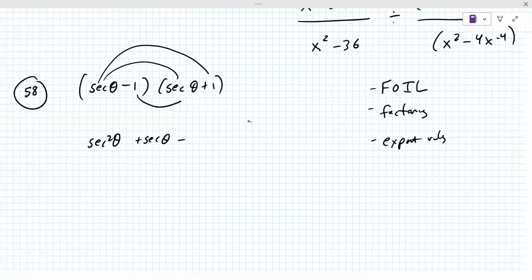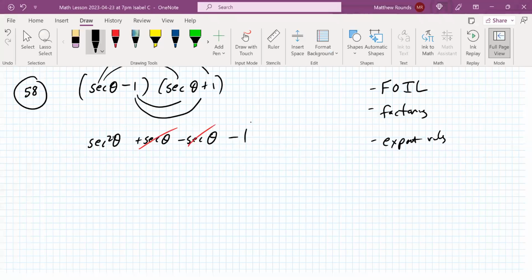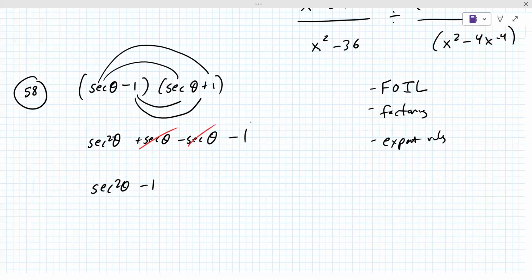The inner is minus secant theta, minus 1. Do you see anything that cancels? The secant minus secant, that's right. So this becomes just secant squared theta minus 1.